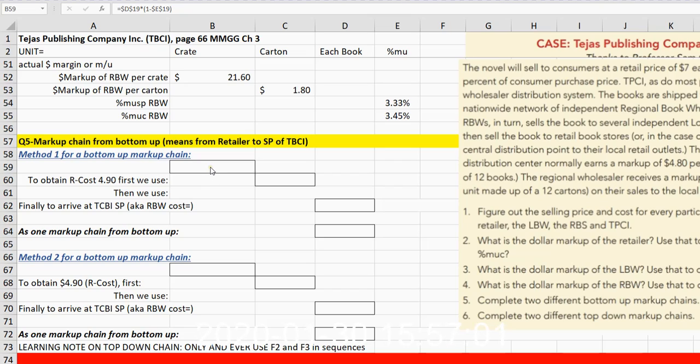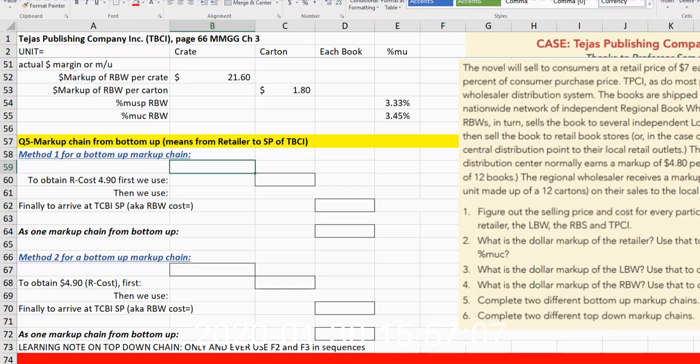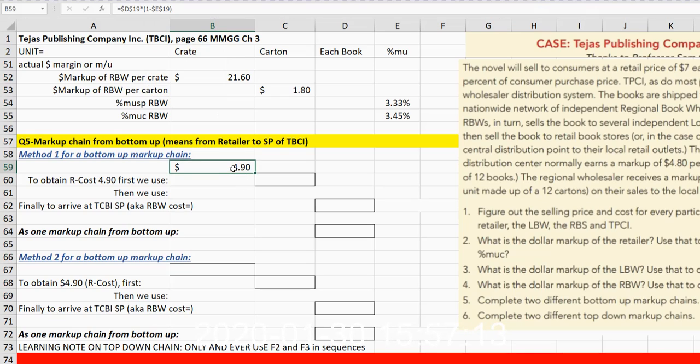All right, so let's start first with where we were when we started this case. We started from a bottom up. We started at having $7 as our information, and we needed to know at the retail level what was the retailer's cost.